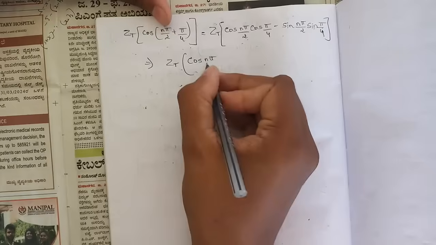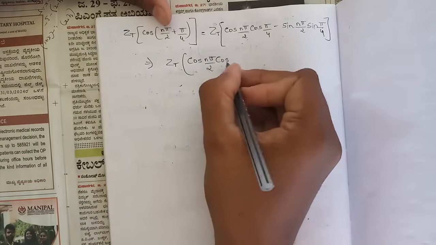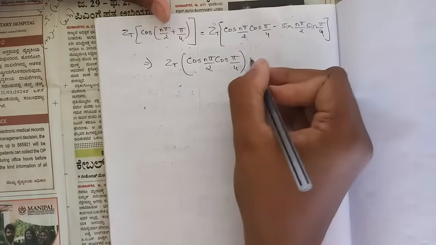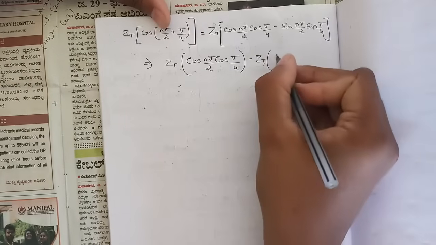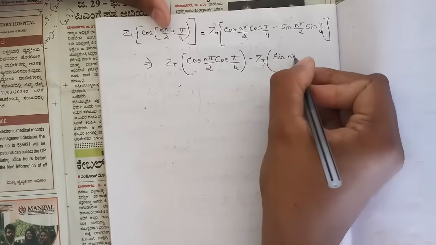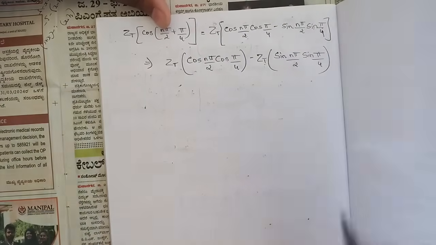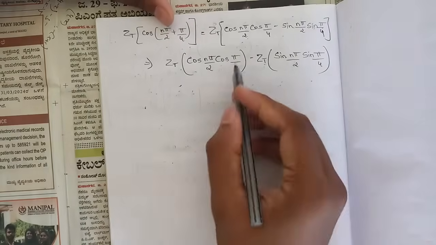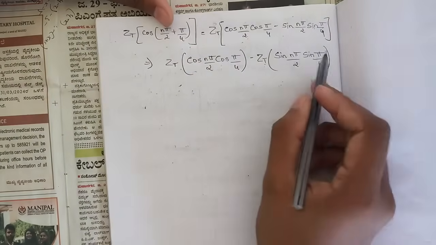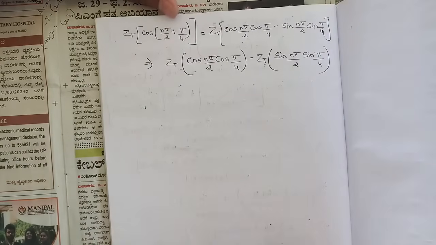Cos n pi by 2 cos pi by 4 minus z transform of sin n pi by 2 sin pi by 4. So again the constant term here is cos pi by 4 and sin pi by 4, right?